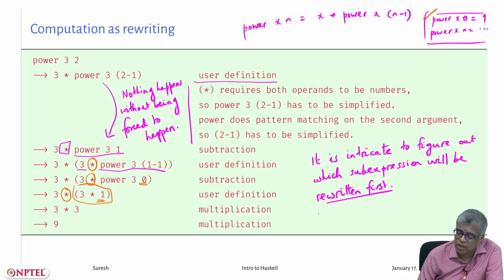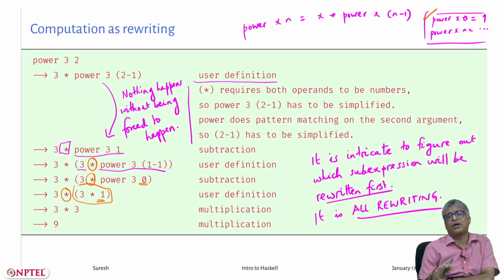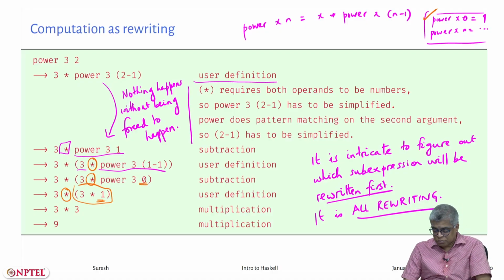But the point is, it is all rewriting, more or less, let's say. Okay, this is the beauty of understanding the behavior of programs in Haskell, at least for reasonably simple programs, till you get used to more complex programs. Okay, so this is it.